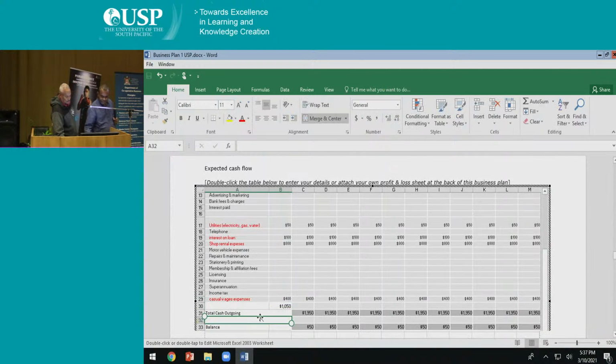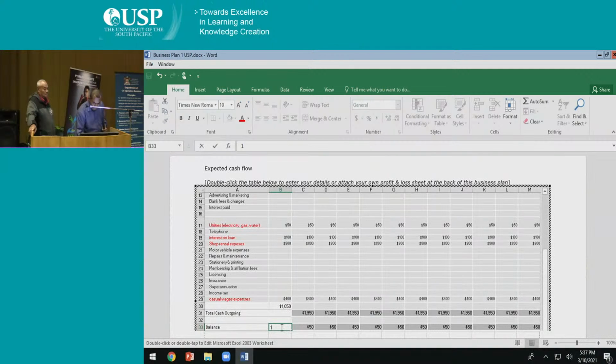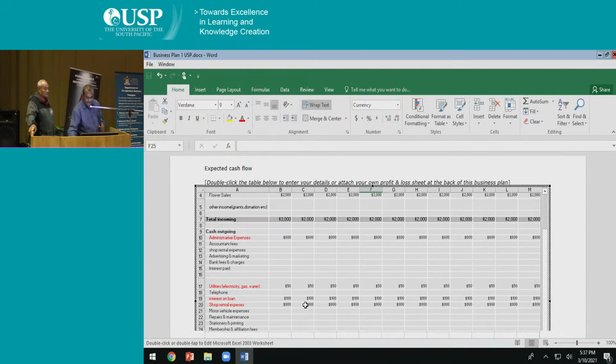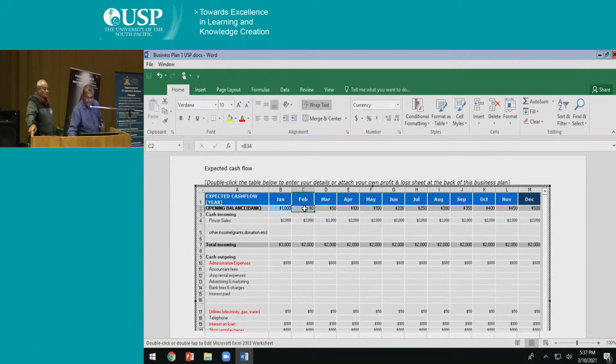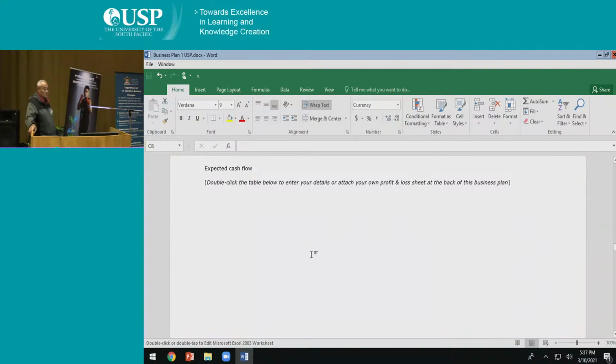Put it down here. The balance is 1,050. Take this 1,050 will be the beginning cash for the following month. And then the story goes on.